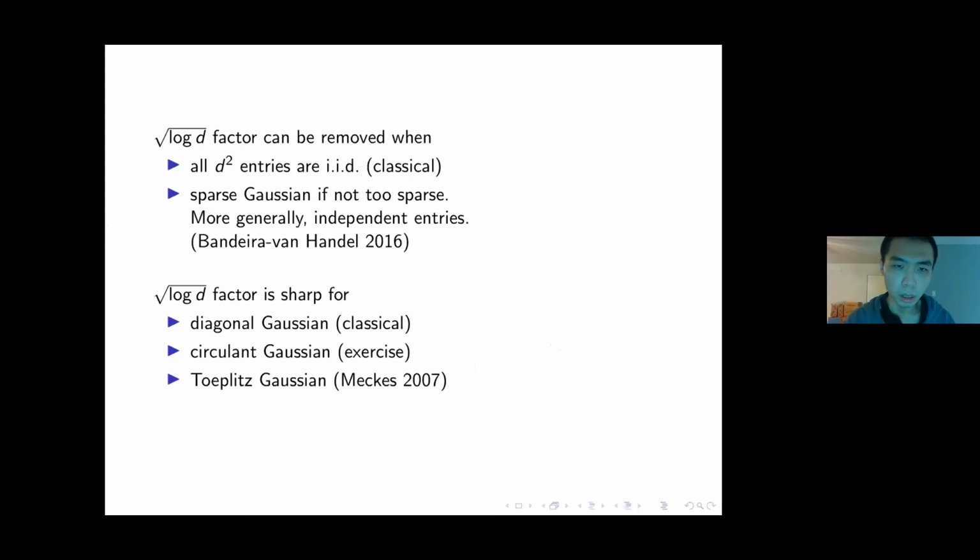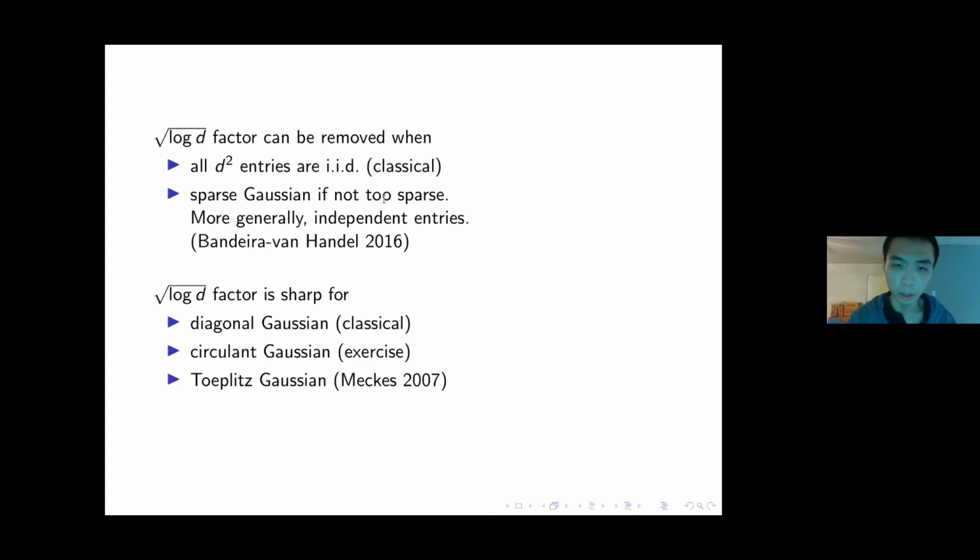For that one, we can remove the square root log D factor, and we get a sharp estimate for the expected spectral norm of X. More generally, we can allow most of the entries to be zero, so sparse Gaussian, where some of the entries are IID Gaussian.